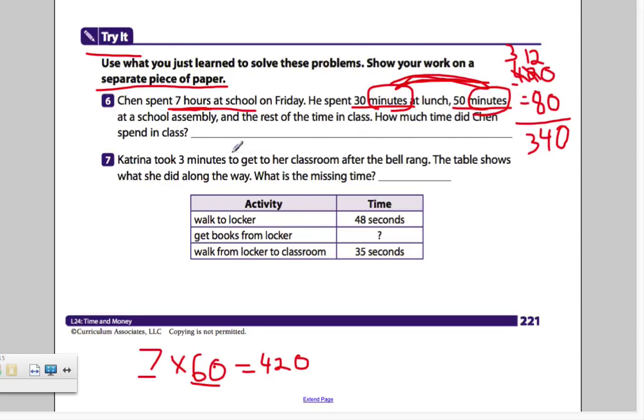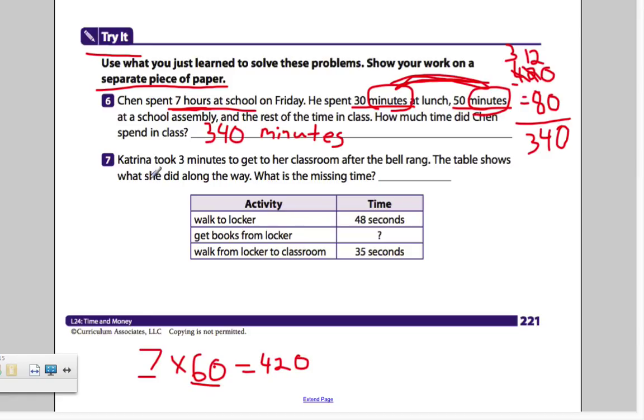How much time did Chen spend in class? 340 minutes. That's a good answer. I wonder if any of you can switch this back to hours and figure out how many hours and how many minutes left over Chen spent in class.